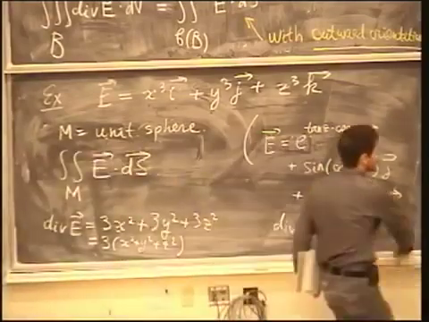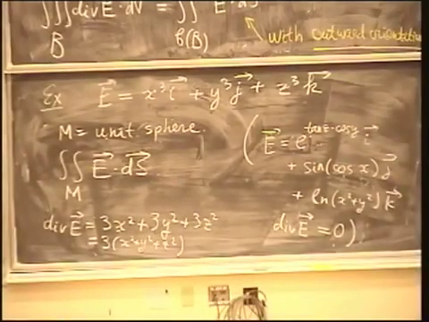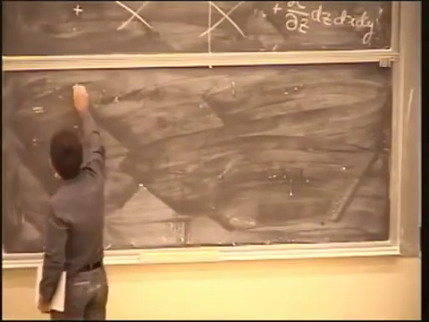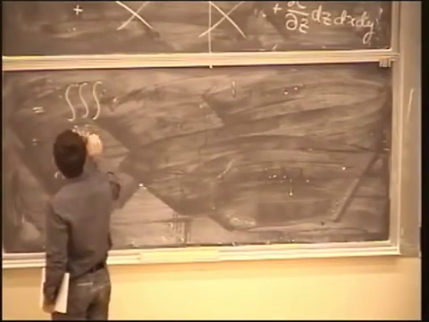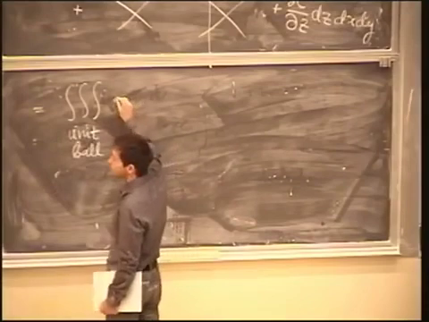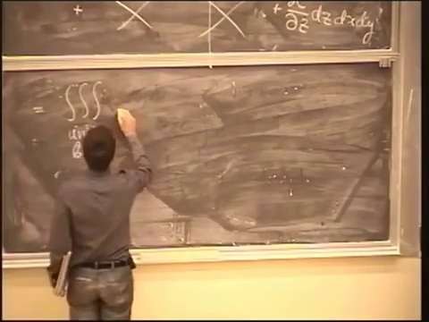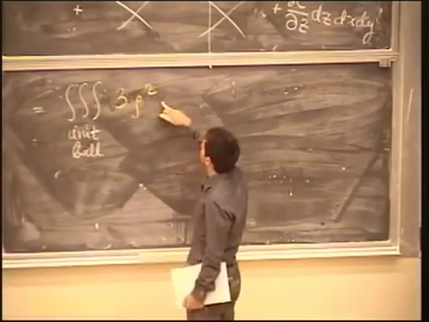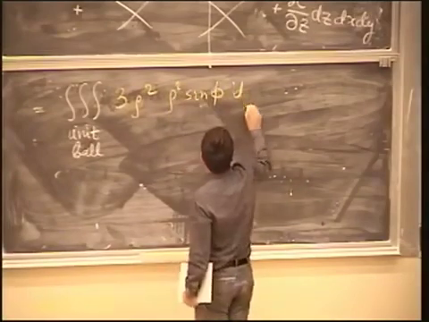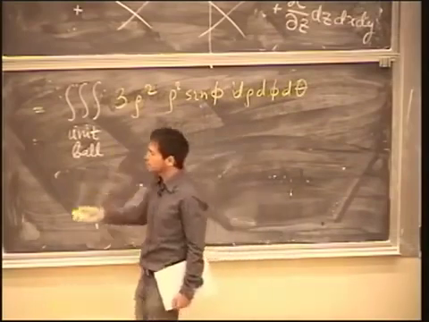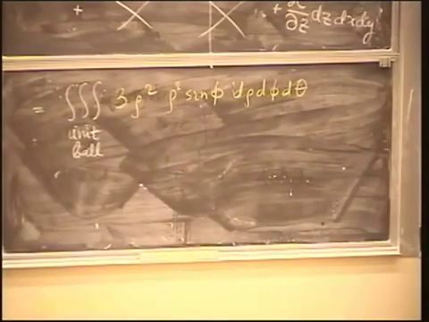And that means my surface integral can be written as an integral over the interior of the sphere, over the unit ball. So it's a triple integral of the function 3 times x squared plus y squared plus z squared. Of course, here I pass to spherical coordinates. So this is actually 3 rho squared. I get 3 rho squared, then I have to remember the Jacobian, rho squared sine phi. And then I have d rho, d phi, d theta, which is very easy to compute. So that's a good illustration of how you could apply the divergence theorem.